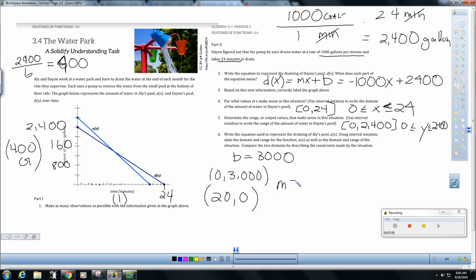So the slope is going to be 3,000 minus 0 over 0 minus 20. And so that is, let's see, 3,000 divided by 20. Oh my gosh, at this point I realize I've been off by a unit the whole time. This should be 24,000 gallons.